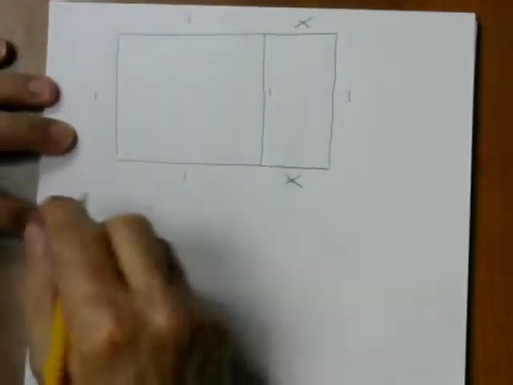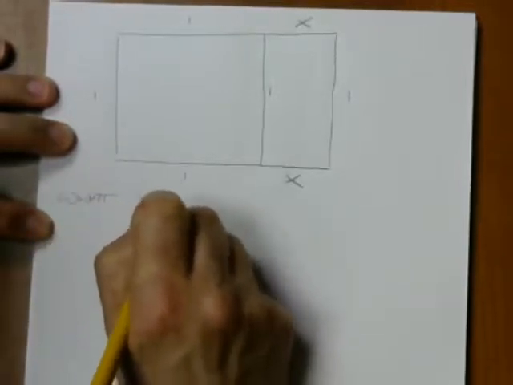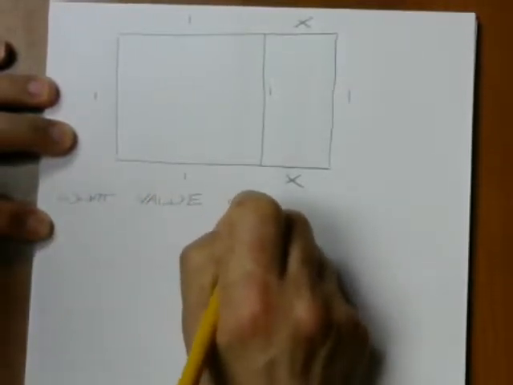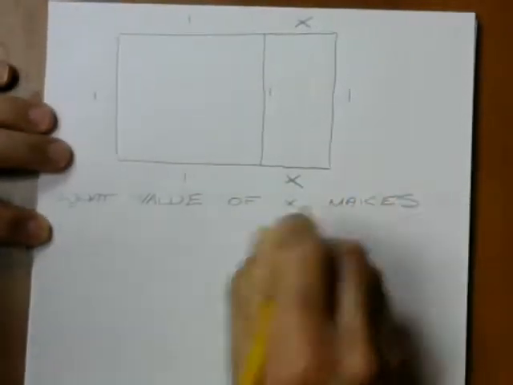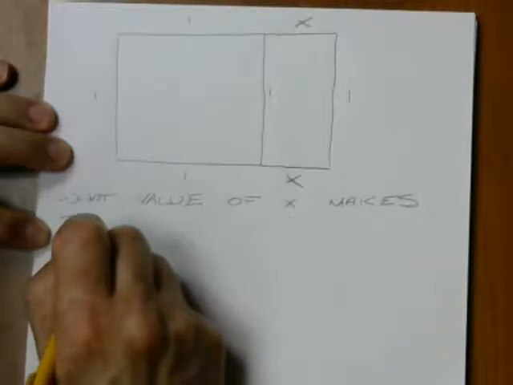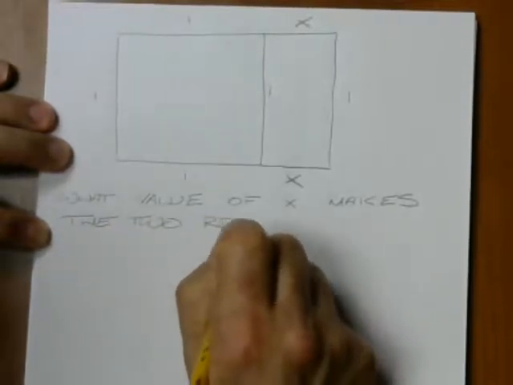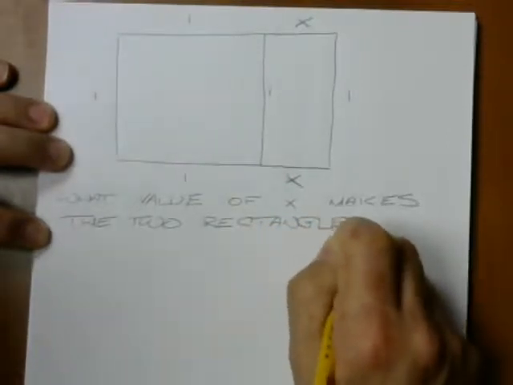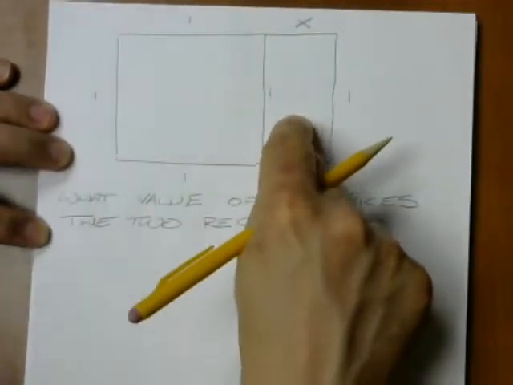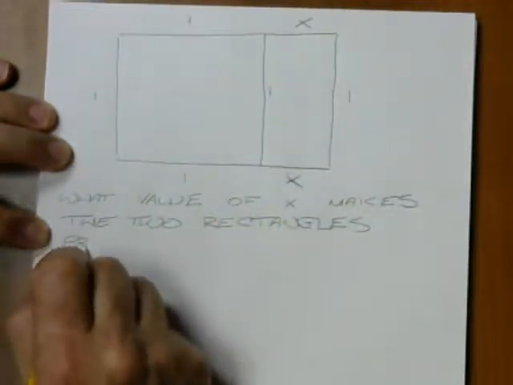I want to know what value of x makes the two rectangles, so not the original square, but this rectangle and the giant rectangle, proportional.